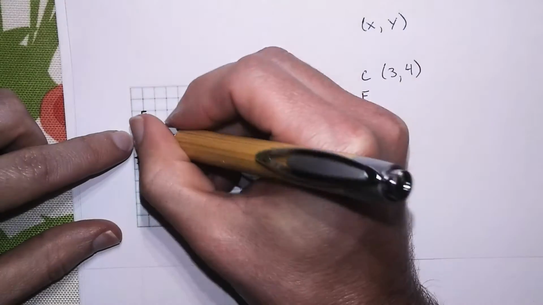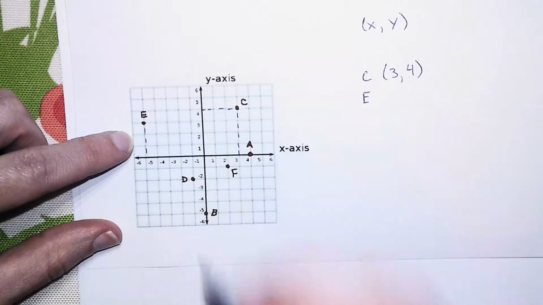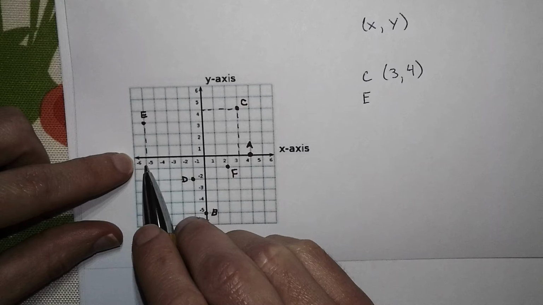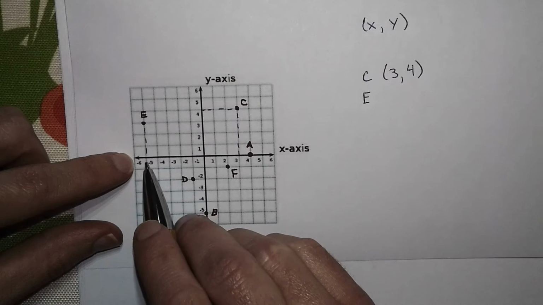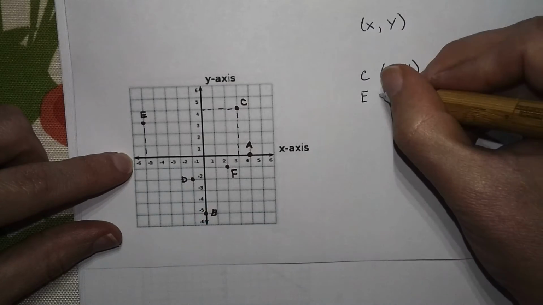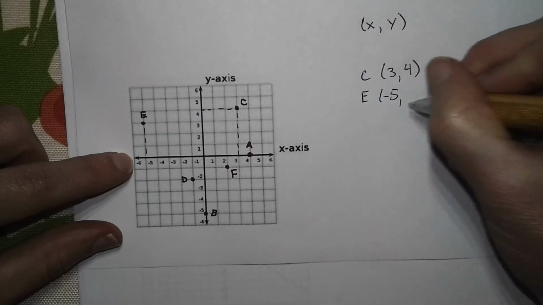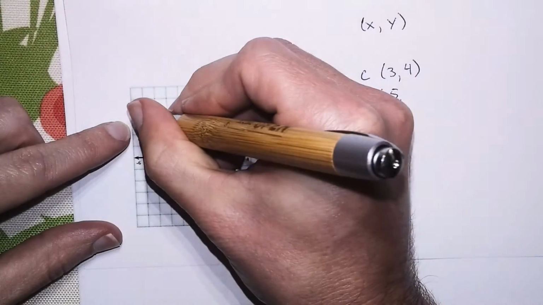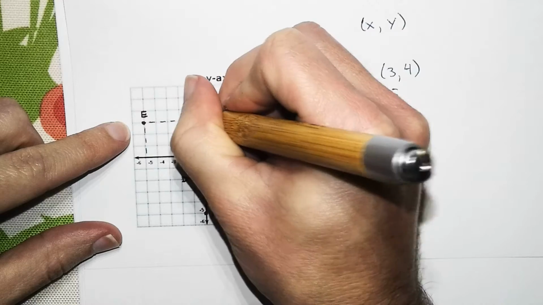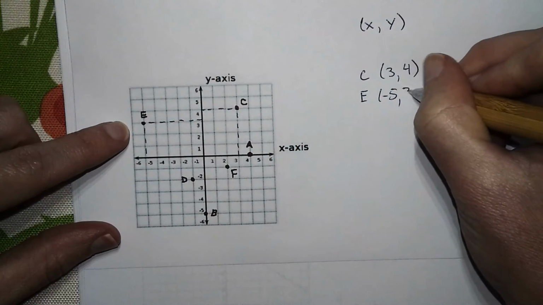So I'm going to draw my line down to the x-axis and see that it is -5. And it is across from 3.